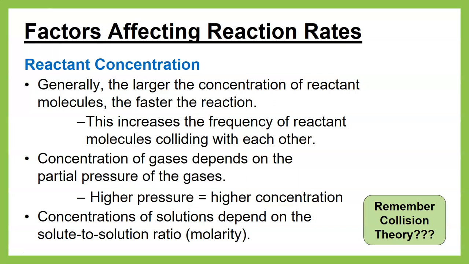When we increase the concentration, it's impacting how often they're hitting each other. Catalysts can sometimes help with the orientation of their collisions. All of these things come back to the fact that those molecules have to hit each other for a reaction to happen.